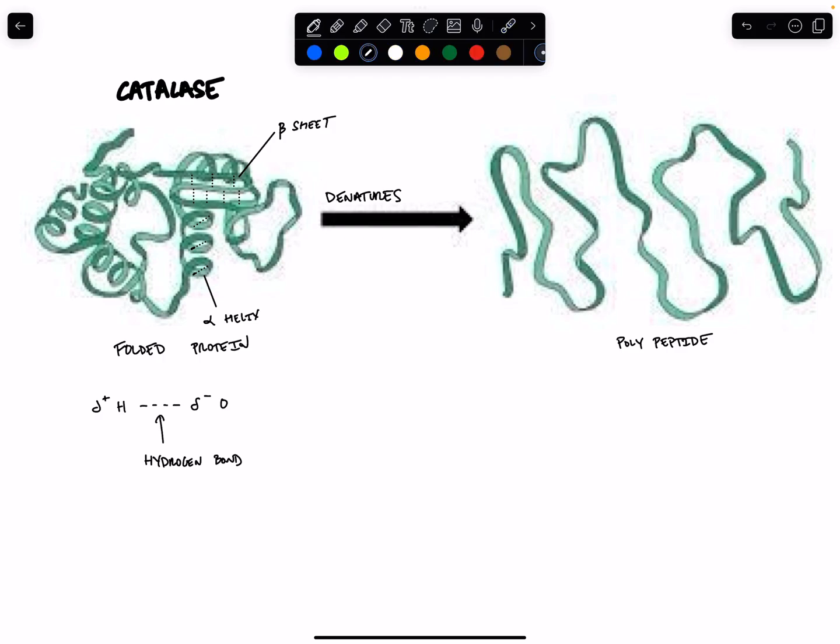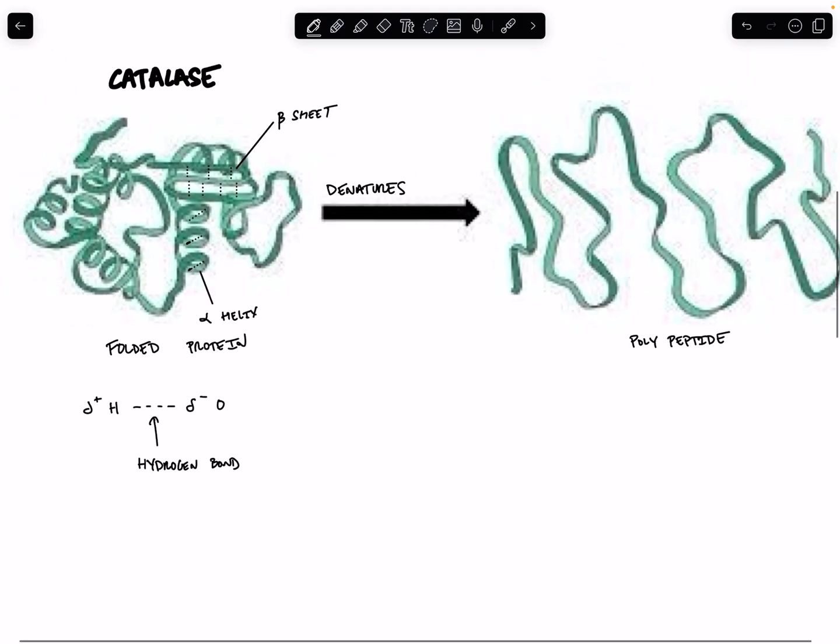So here are a couple different things that can disrupt this hydrogen bonding. One is changing the pH. The pH of a solution, if you have an acid, this means that you have increased the concentration of free hydrogen in solution.